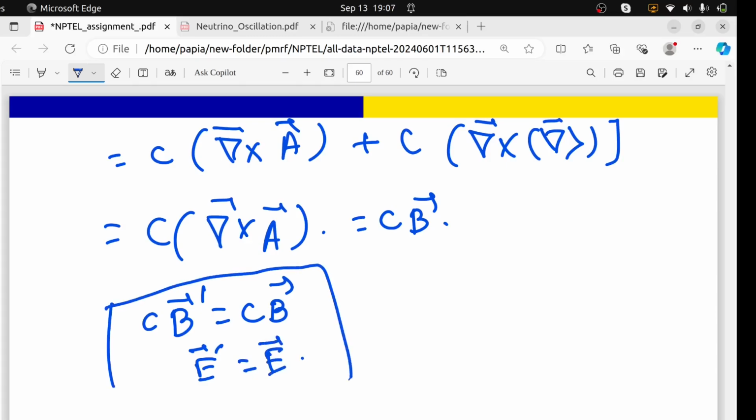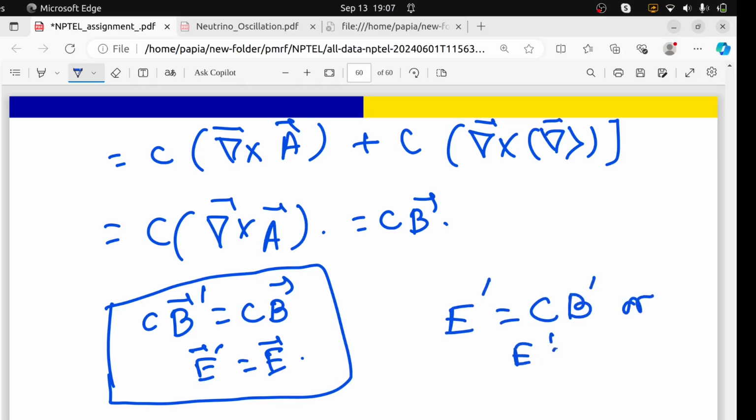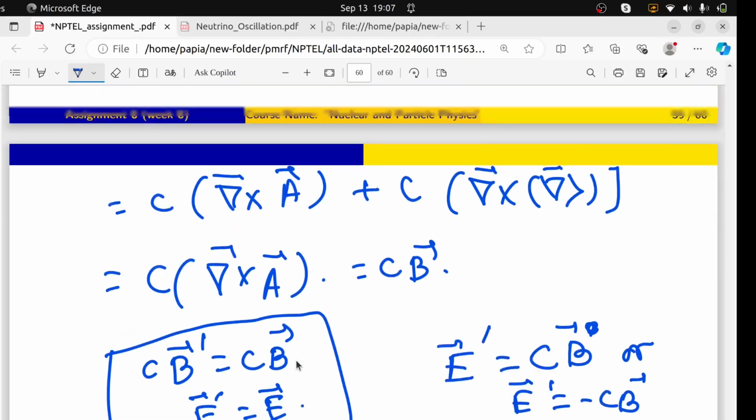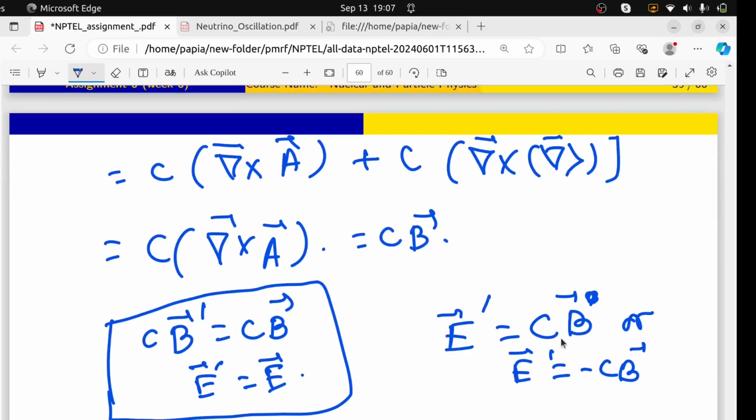These two we can understand from the transformation equation given here. But they are asking that E prime equals CB, or E prime equals minus CB. But you can see that there is no direct relation between E prime and CB, because we can't write E prime in terms of CB.